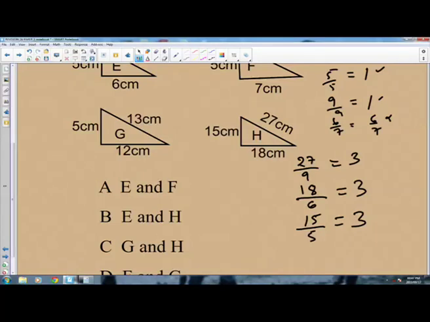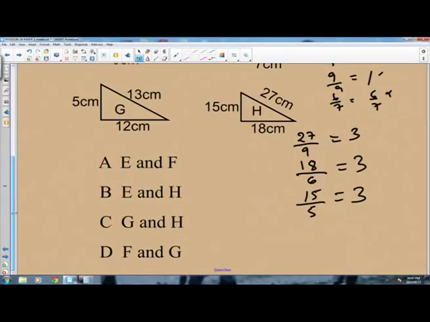Let's forget about B for a while and check alternative C, G and H. We have 15 divided by 5, which is 3. And then 27 divided by 13, which is 2 and 1 over 13.